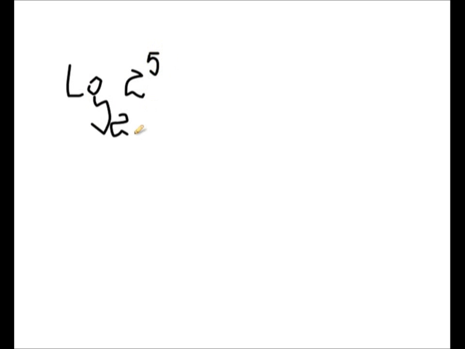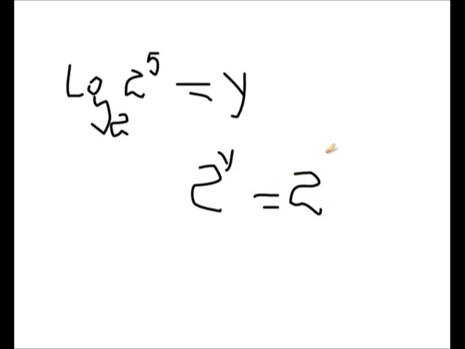What is the exponent of 2 that will give me this value? That's the unknown, y. I'm trying to figure out the power y that will give me 2 to the power of 5. This is really easy: y equals 5.